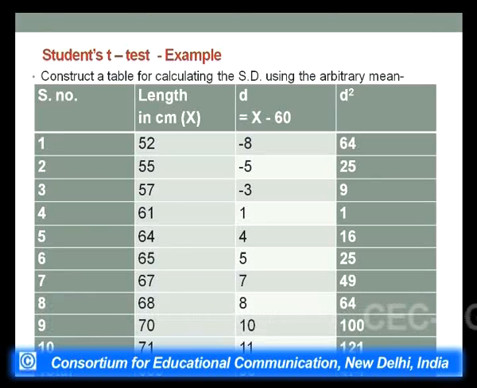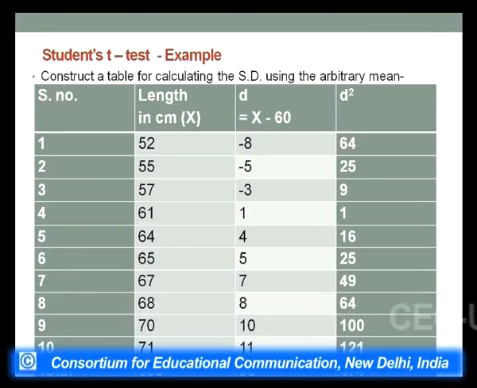In the case of the first length it was 52, minus 60, the difference is minus 8. In the second, 55, the difference is minus 5. Third was 57, the difference is minus 3. Next was 61 and the difference was plus 1. Now it is more than 60, therefore it is going to be plus.